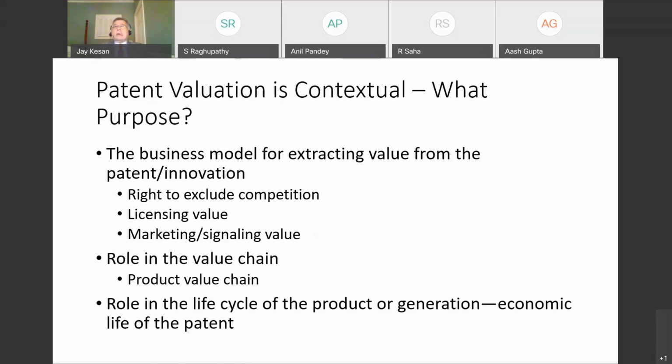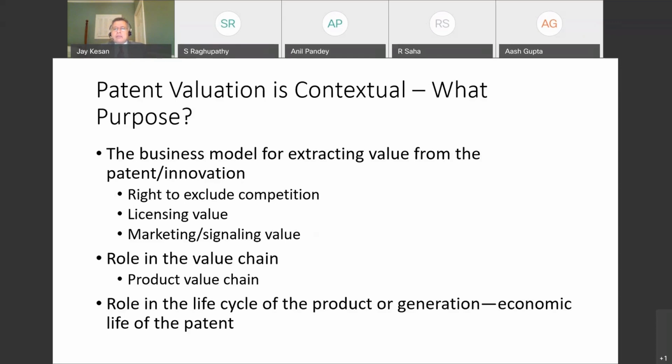The patent itself has a certain marketing value that goes over and above the actual technological value and the actual performance in the marketplace. It allows you to signal that you're an innovative company, and then it allows you to increase your revenues or increase the prices that you charge based on that reputational benefit.